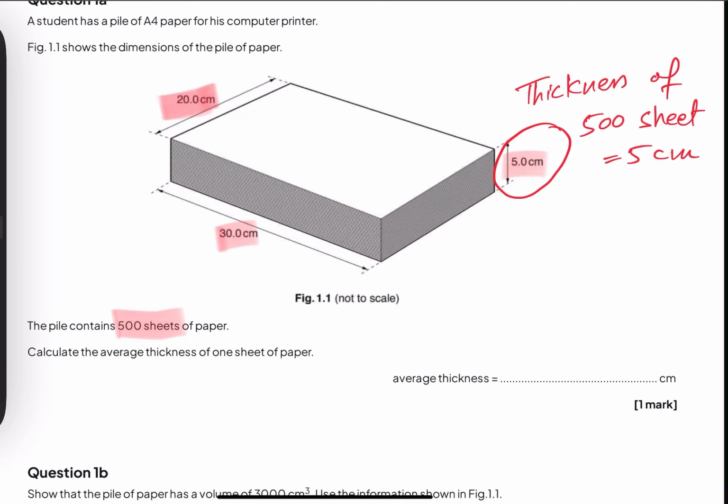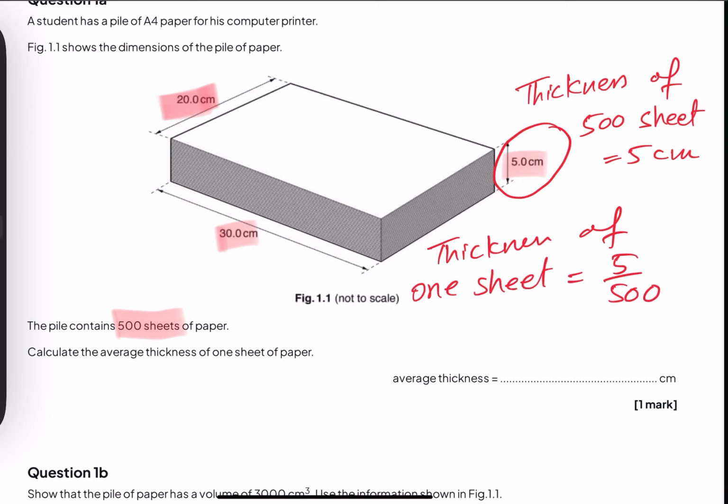So if the thickness of 500 sheets is 5 centimeters, the thickness of one sheet will be 5 divided by 500, which gives you 0.01, and the units are given, that is centimeter.